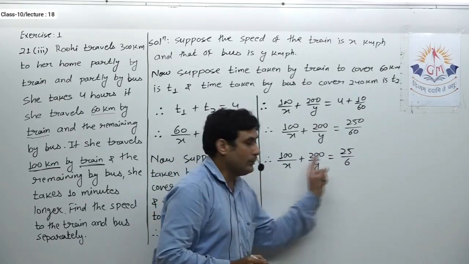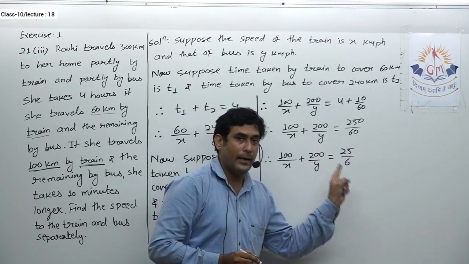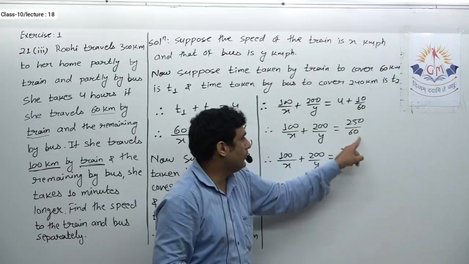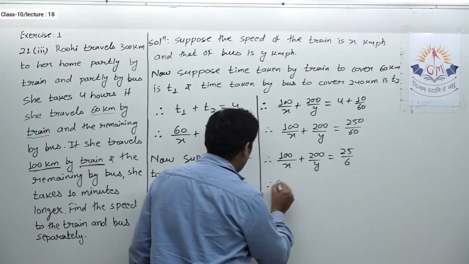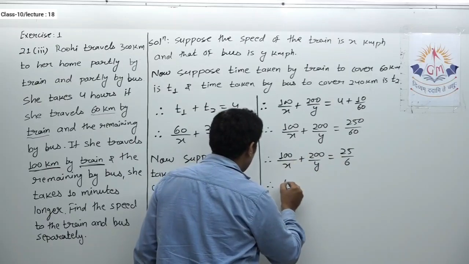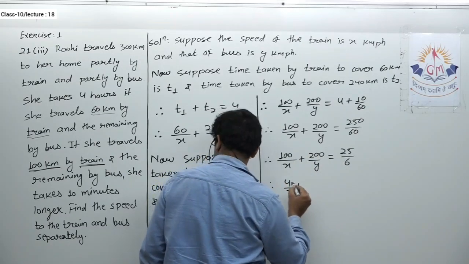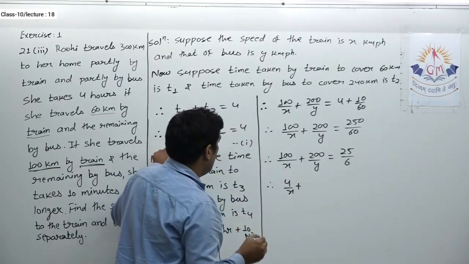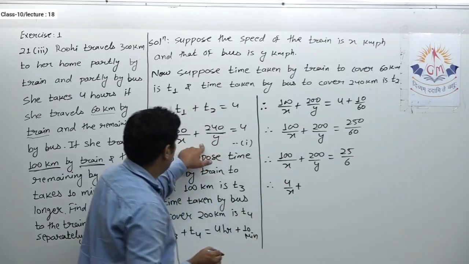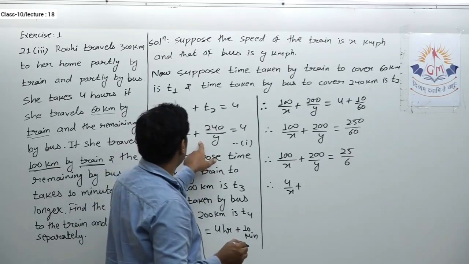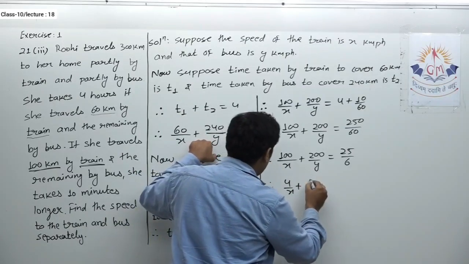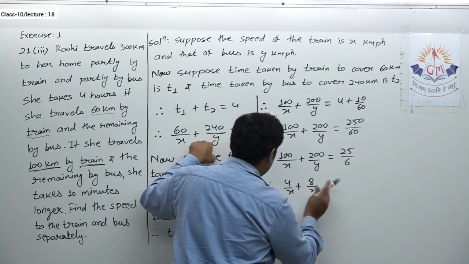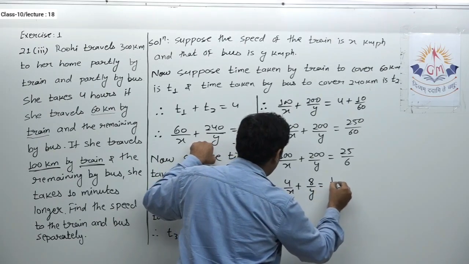Now it is still possible to divide this equation throughout by 25. Here I just cancel the 0 and 0. Therefore, dividing by 25, we get 4 upon x plus 8 upon y is equal to 1 upon 6.